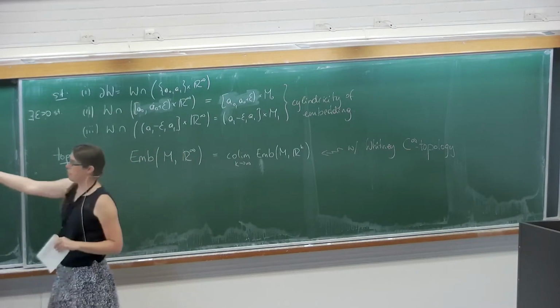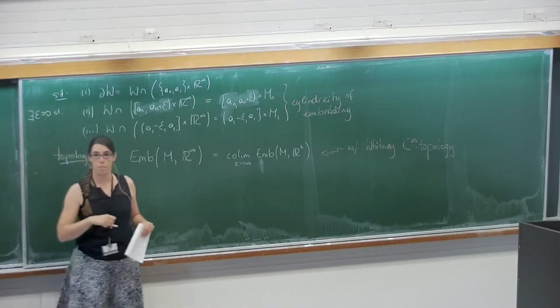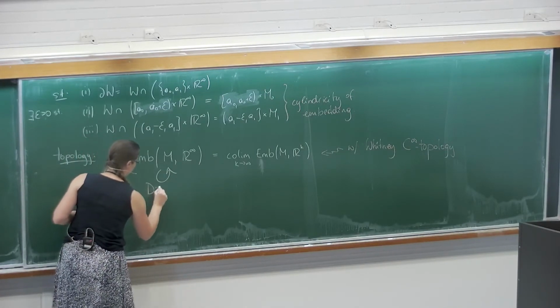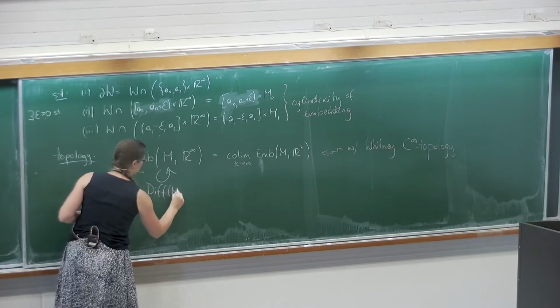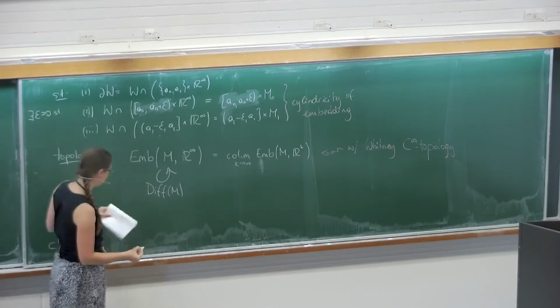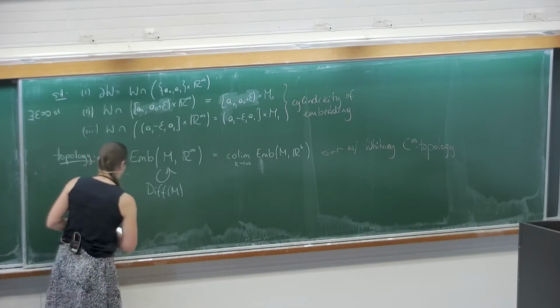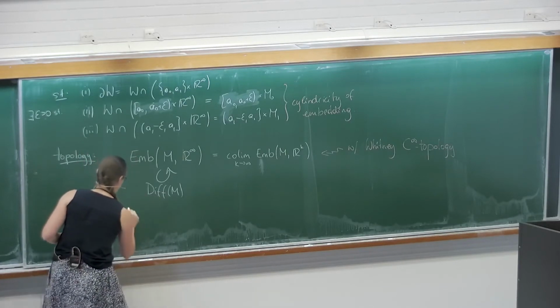Okay, but we want submanifolds. We don't want embeddings. So how do I get submanifolds? Well, I can act on this thing by diffeomorphisms of M, just by precomposing. And, well, I can form a quotient.